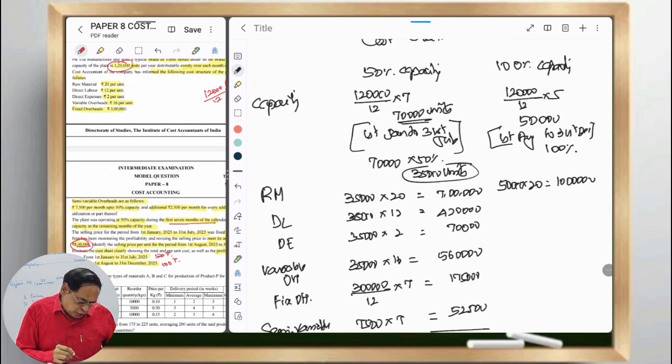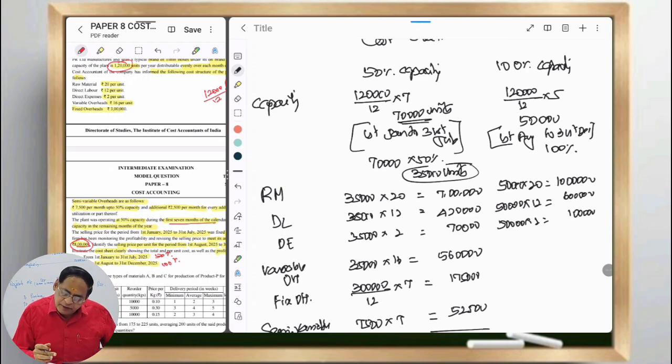And then 50,000 into 12 for direct labor, that is 6 lakhs. And then direct expenses are 2 rupees per unit, so 50,000 into 2, that is 1 lakh.